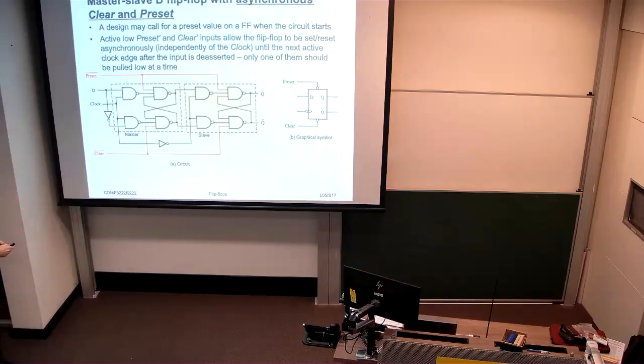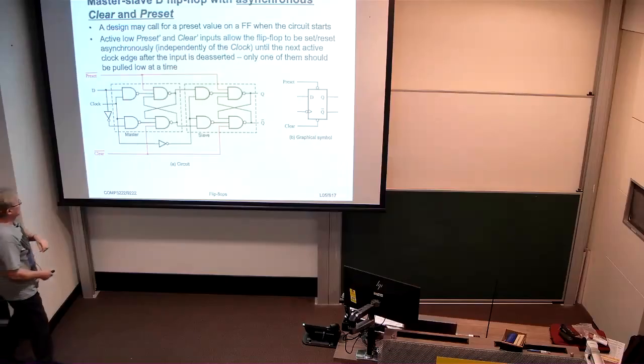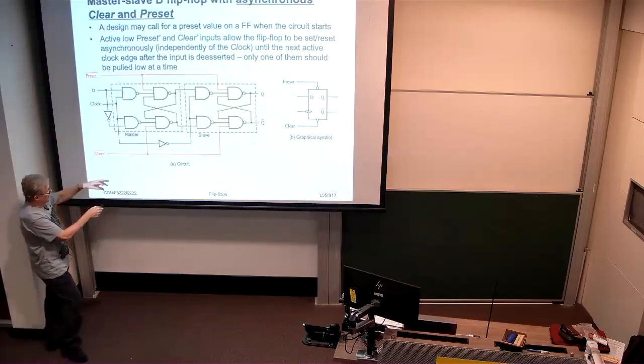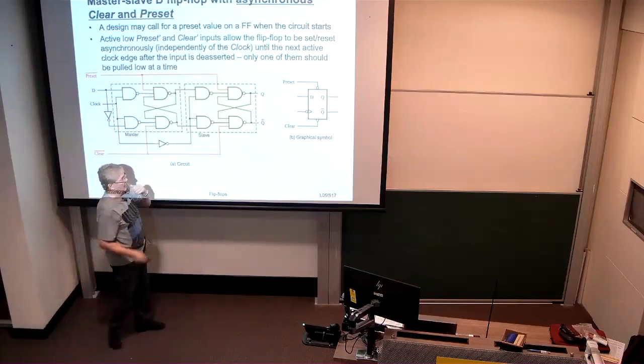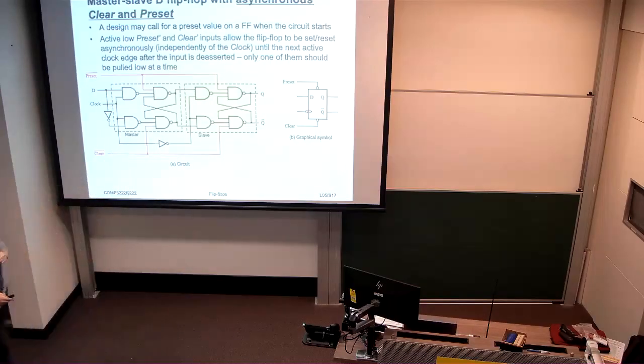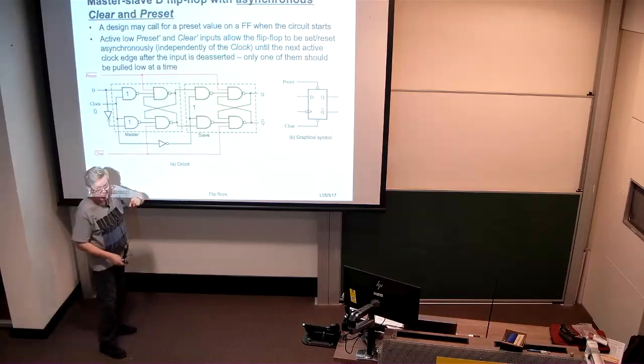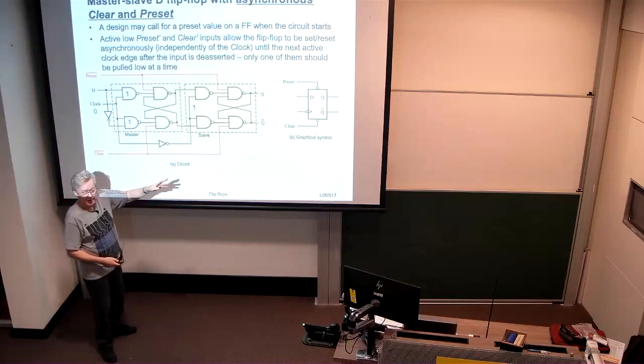So here we have our master and slave latches within the master-slave flip-flop. We have our clock coming in to the master, which is inverted for the slave part over here, as we saw before. So if the clock is low, then we definitely want to set the Q, if we were presetting, let's say, to 1.